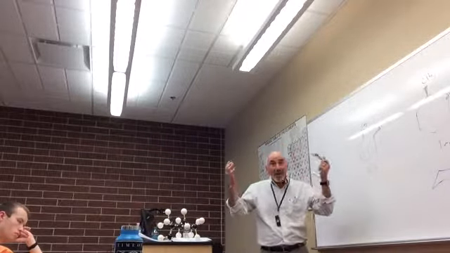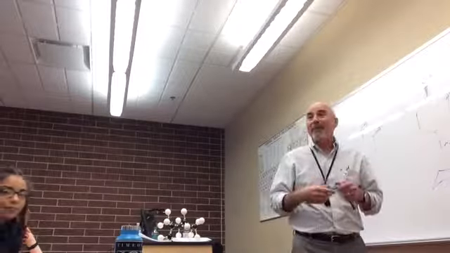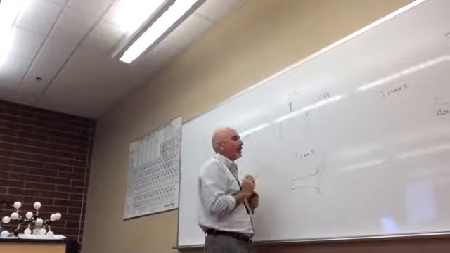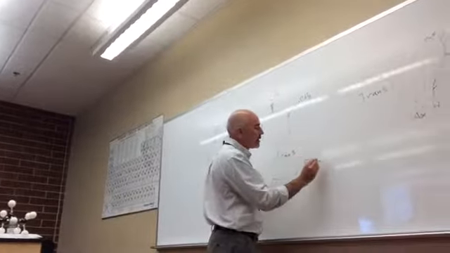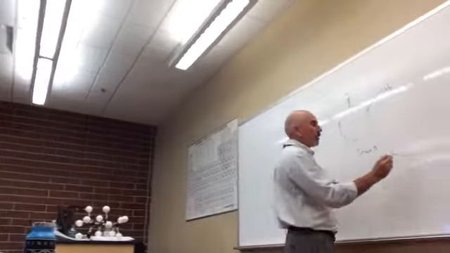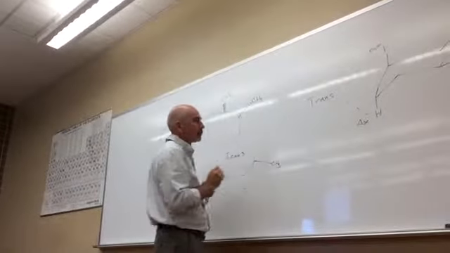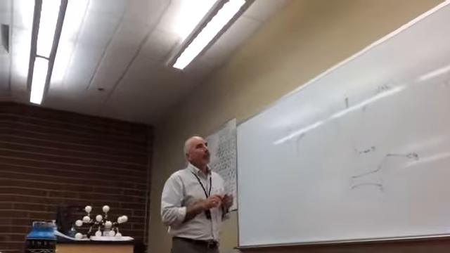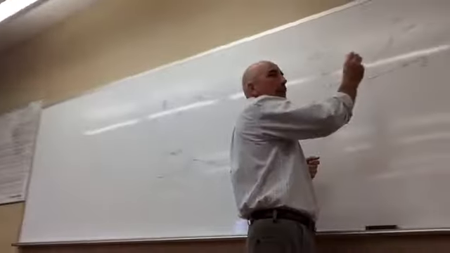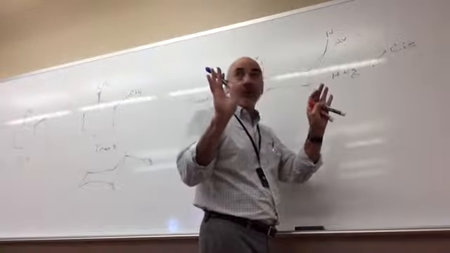So, however you're going to do this in your head, this is how I figured it out. I take the first one and I just say, oh, it's equatorial. And this is just how I do it, okay?